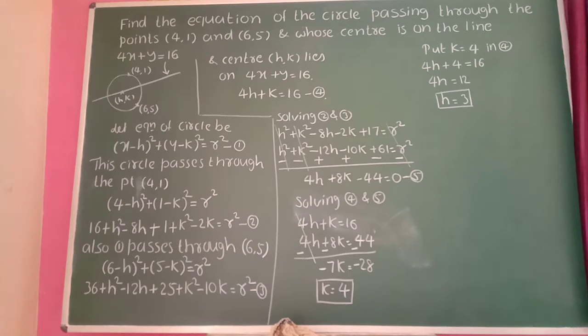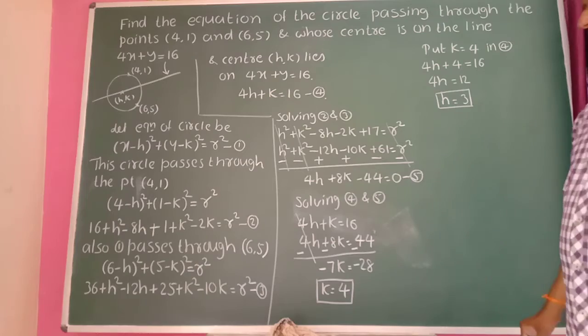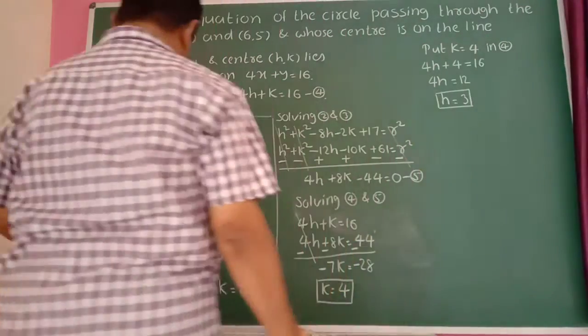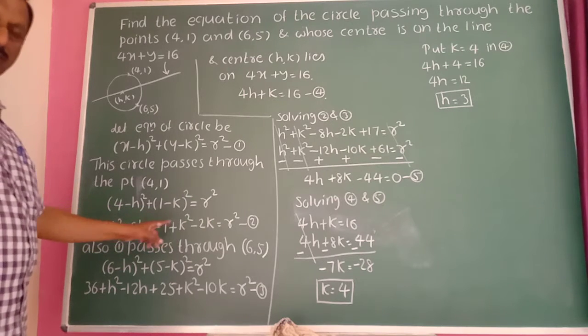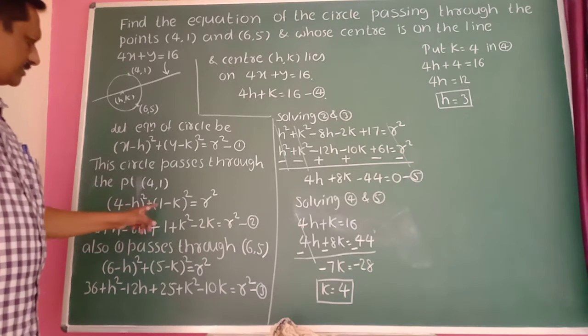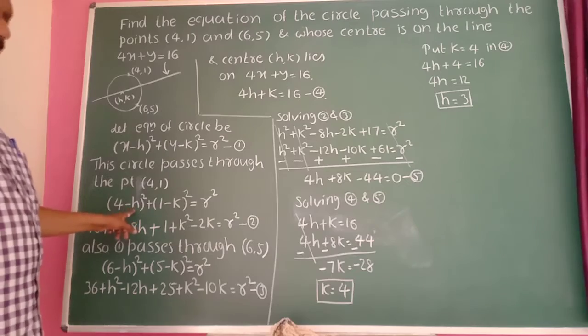Next we want r also. Substitute h and k in this equation here. You can also use equation 2, or you can use this equation here. This becomes very easy for you.